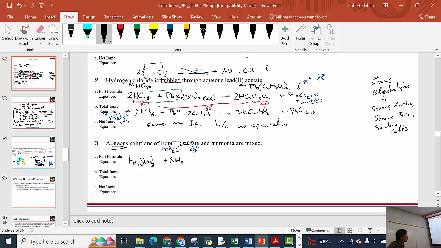And we call this double replacement. When I look at this, I see an AB, but do you see a CD? No, only a C. This is not a CD. So this is not a double replacement, right?